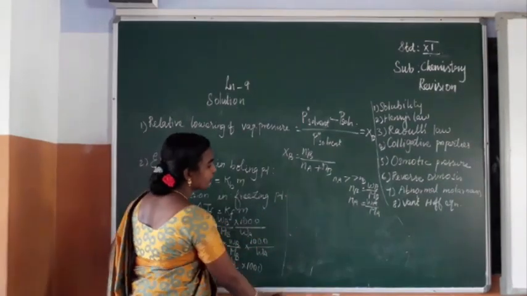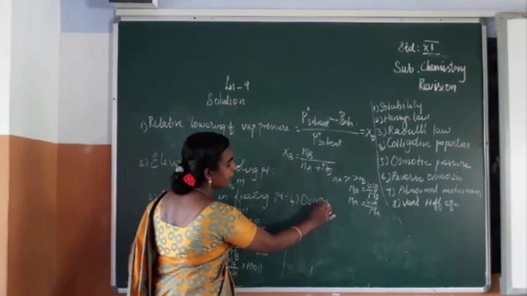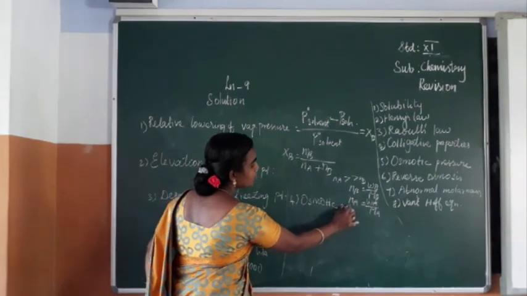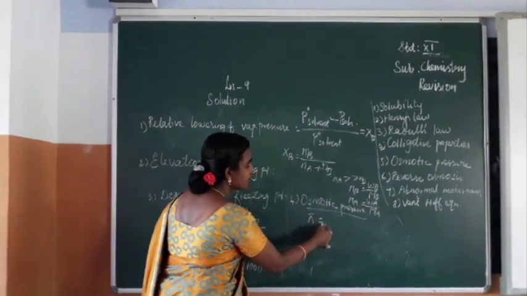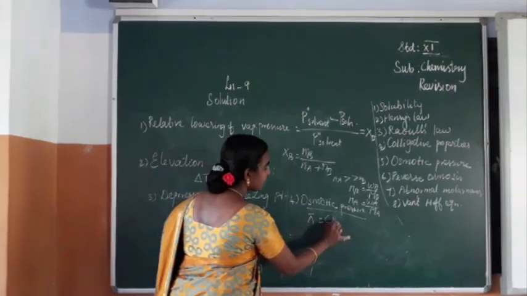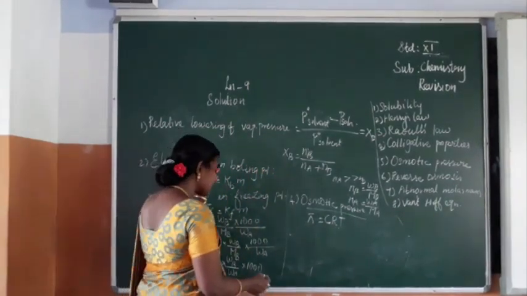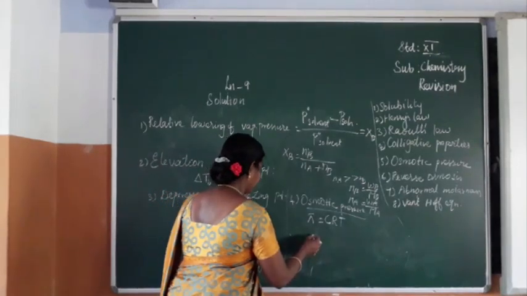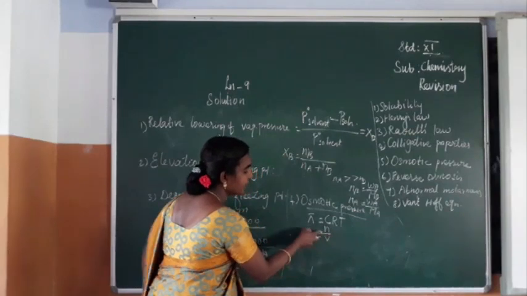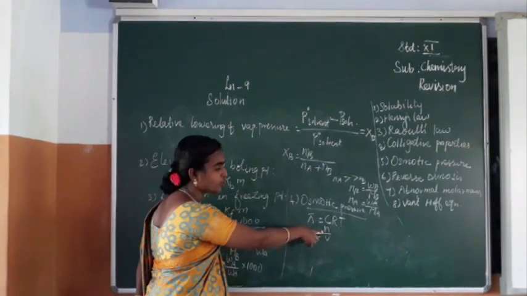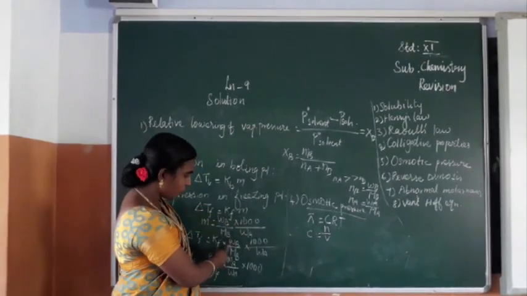Next is osmotic pressure, the fourth one. Osmotic pressure is given by the symbol pi. Pi is equal to CRT, where C is the concentration. We can write C as n by V, where n is the number of moles of solute, which we can calculate by WB by MB.